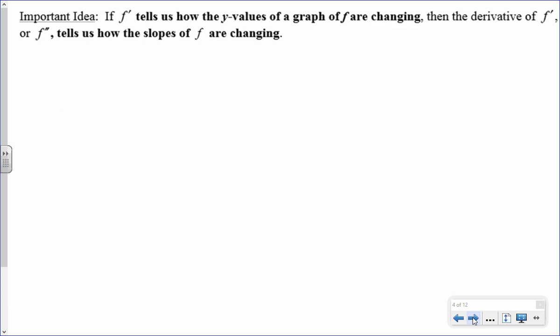When we talk about the first derivative, it's talking about how the y's are changing over x. Slope, change in y over change in x. When we talk about the second derivative, we're talking about the change in the derivative over change in x. So we're talking about how the slopes change.